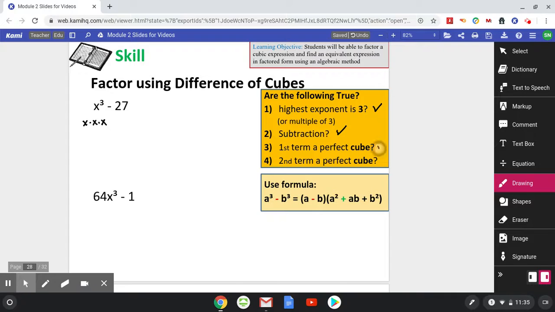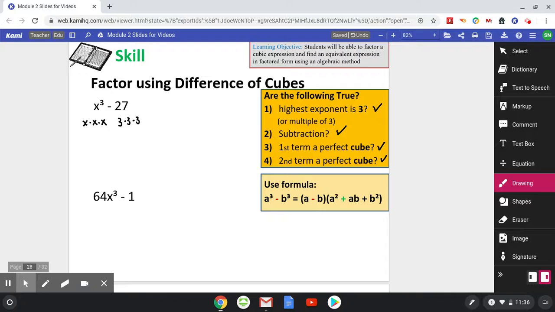So that one works. We have to try the same thing on the second term. Is there one number that when we multiply it times itself twice, we get 27? 3 times 3 is 9, times 3 is 27. This one also works, therefore we'll be able to use the formula.